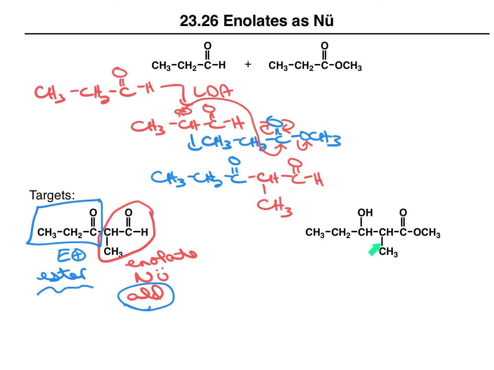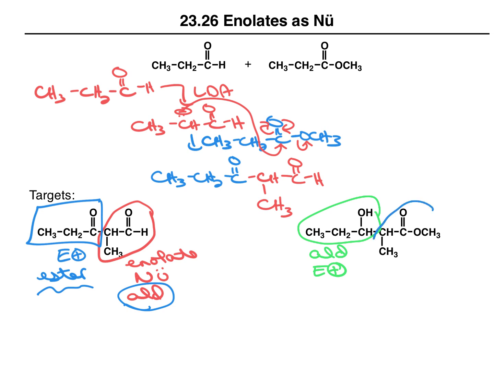If we look at our second target, well, here we have the ester and here we have an alcohol. Remember, an alcohol is formed when a nucleophile adds to the carbonyl carbon of an aldehyde. So that means this was our aldehyde, and this was the electrophile that got attacked.